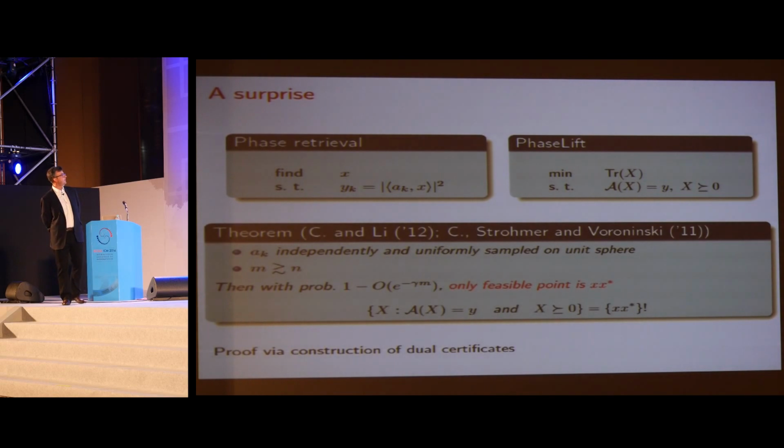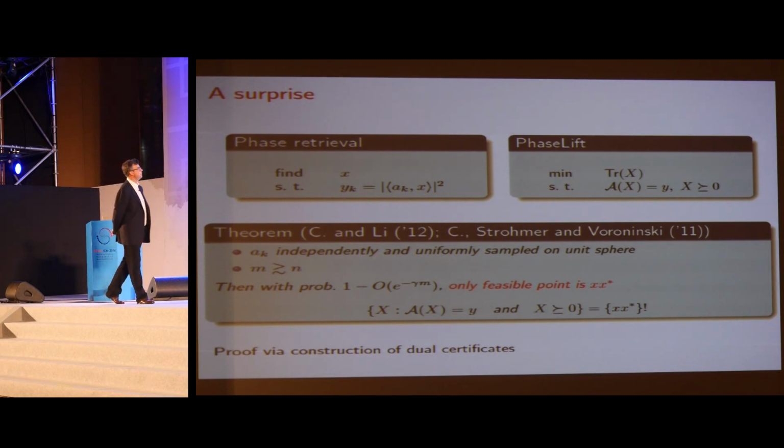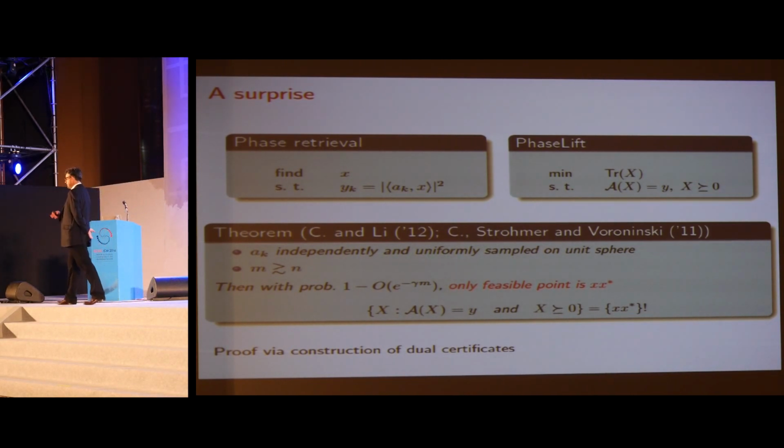And the surprise is something like this. Give me randomized quadratic equations, and here I have a model for the random sampling vectors, which are independent on the sphere, but there are many versions of these results with other sampling distributions. Basically, give me random quadratic equations, and give me a constant times n of them, so proportional to the number of unknowns.